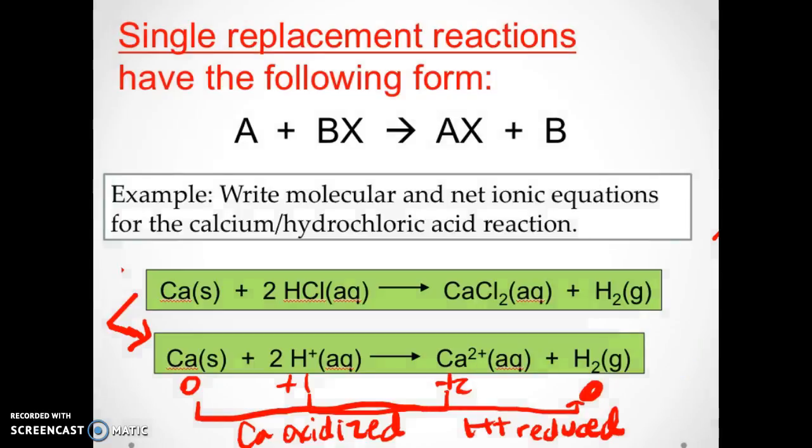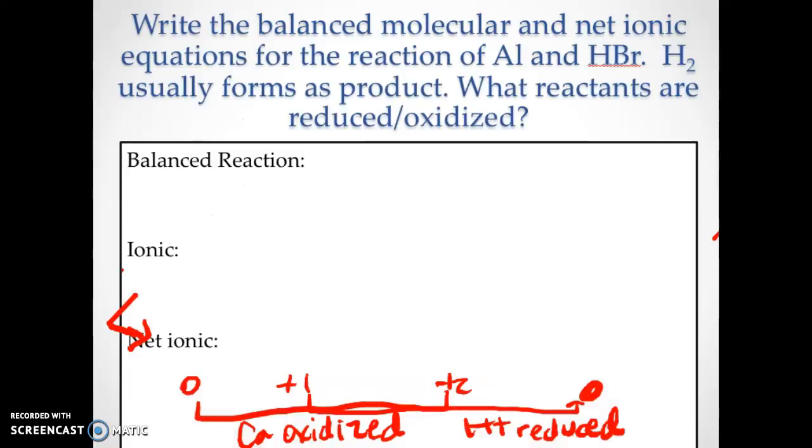Go ahead and try to figure out this one on your own, and if you can't figure it out, then I'll help you with it. Here we have aluminum and HBr, and you're going to produce H2 as a product. Your job is to figure out what's missing from the product side and balance the equation.